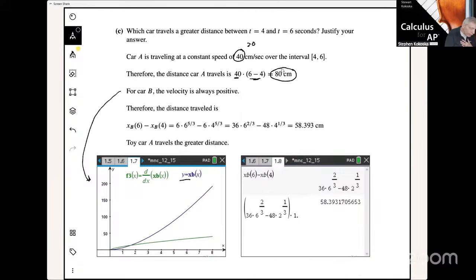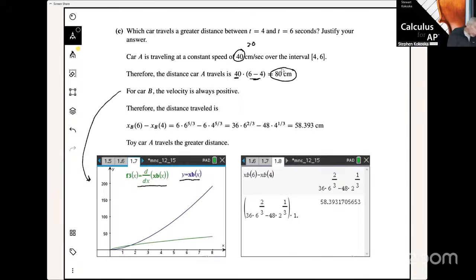I have the position function and I've also graphed the velocity function for car B. And I can see visually that the velocity, if you can see this on your screen in green, is always above the x-axis, and therefore the velocity is always positive. So what does that mean? Car B is also always traveling in the positive direction. Well, over the entire interval 0 to 8, but certainly over the interval 4 to 6.